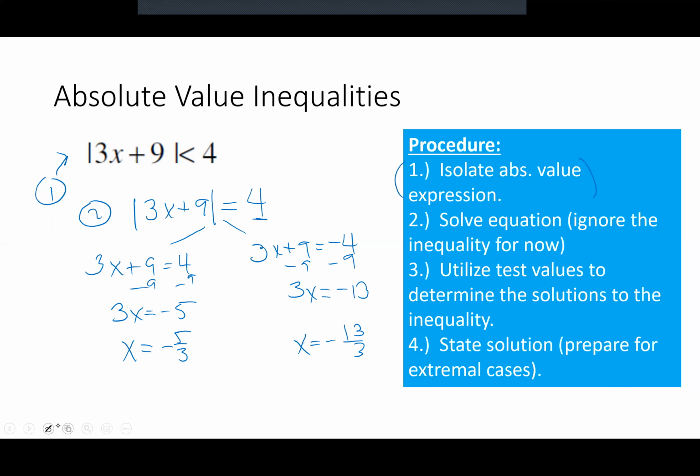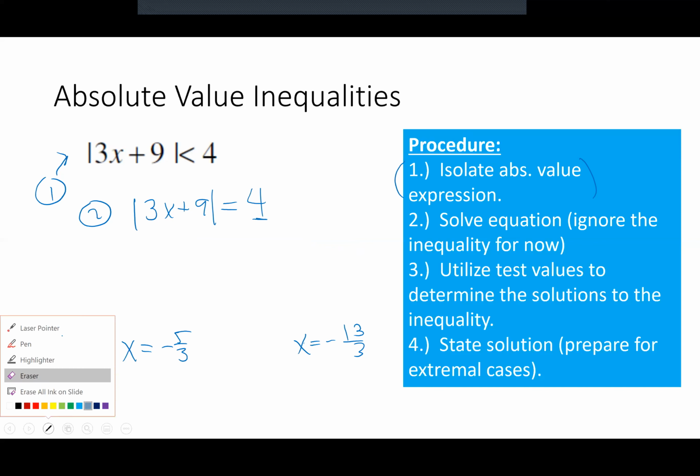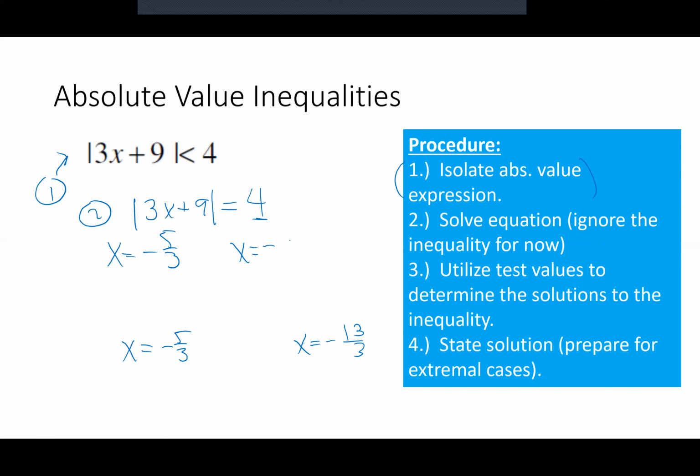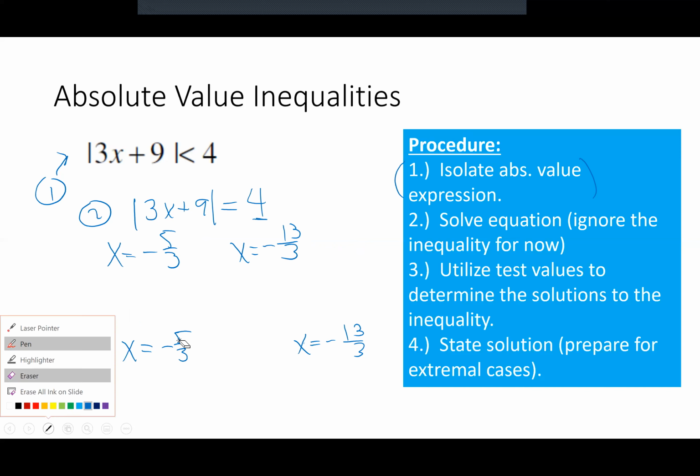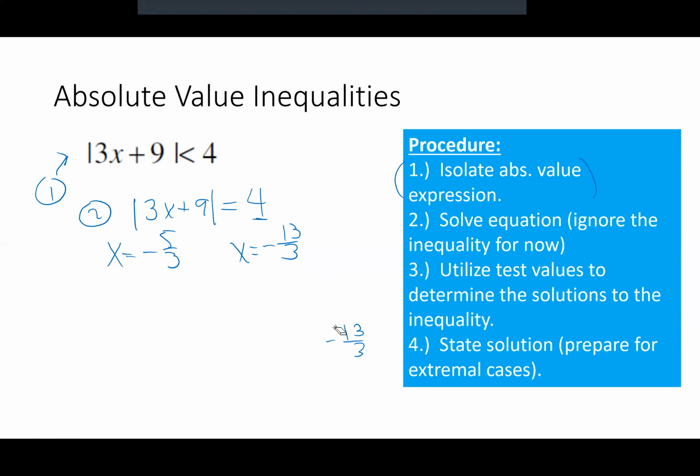If you don't mind, I'm going to erase this space for right now, just so that we conserve space. So I've got x equals -5, x equals -5/3, and x equals -13/3. All right, so now here's what we're going to do next.